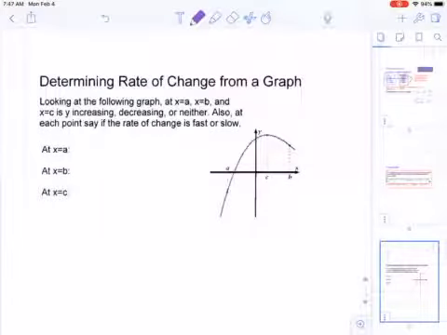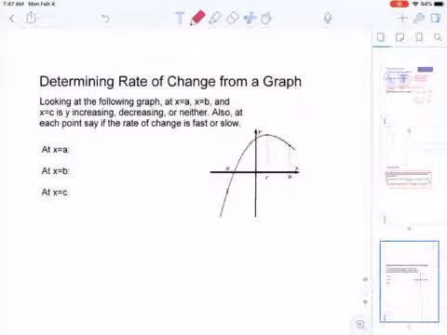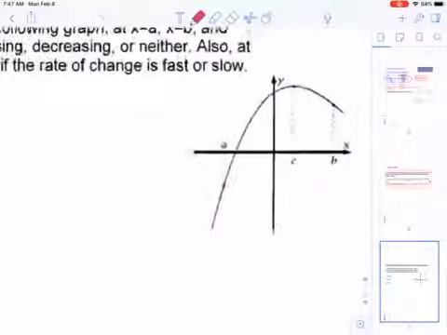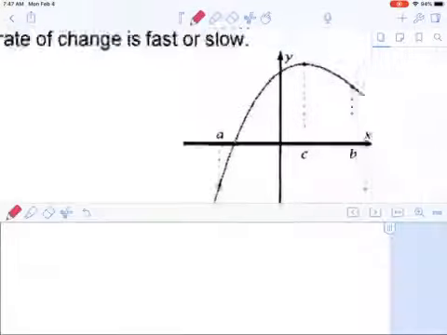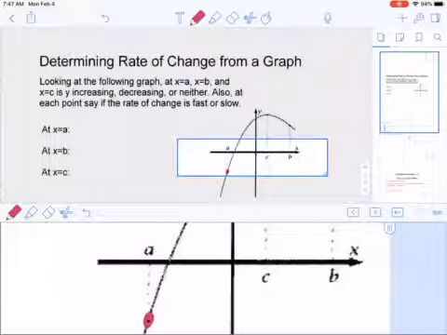Okay. The next thing I want to talk about is the rate of change given a graph. If I give you this graph, we can take a look at how the graph is changing, or what the slope is at a certain value. So the first one here is at x equals a. At x equals a, this is the point on the graph.